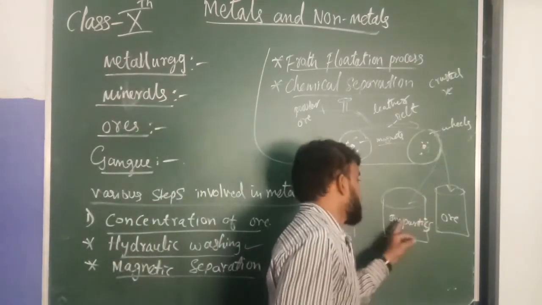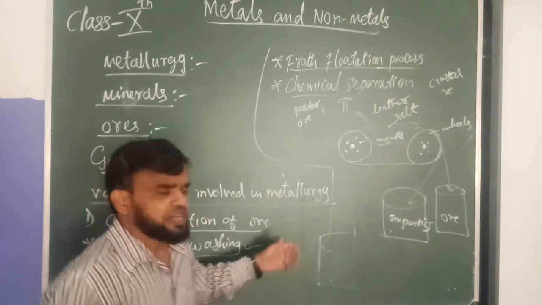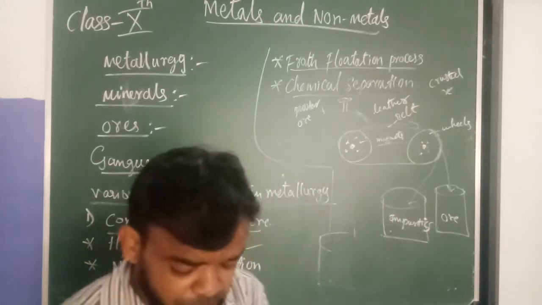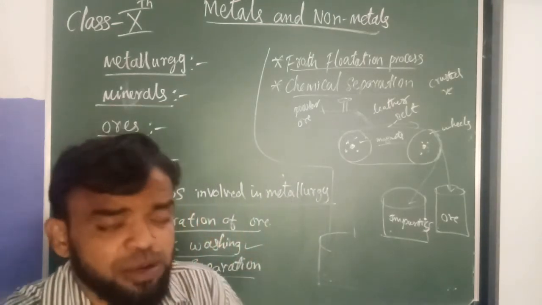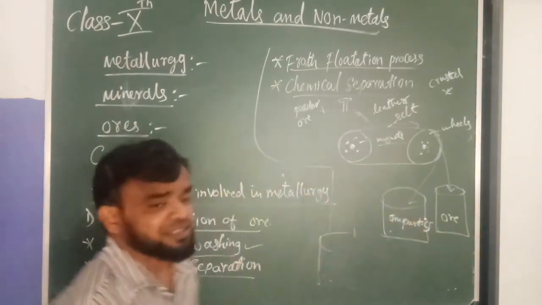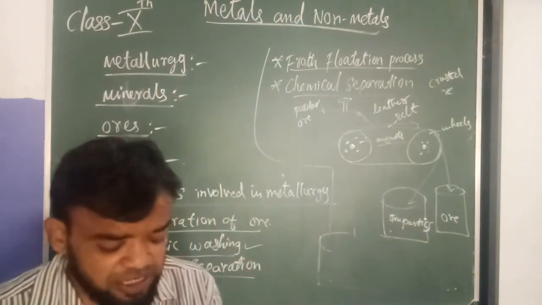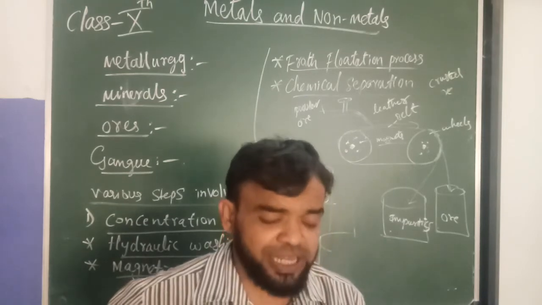Impurities will fall first, but they will not be attracted to the magnet. They suddenly come and fall into that. So the impurities form different heaps. Hence they get separated. Ore will get separated, and impurities will get separated. Understood? And the limitation is it is used only for ores with magnetic properties.